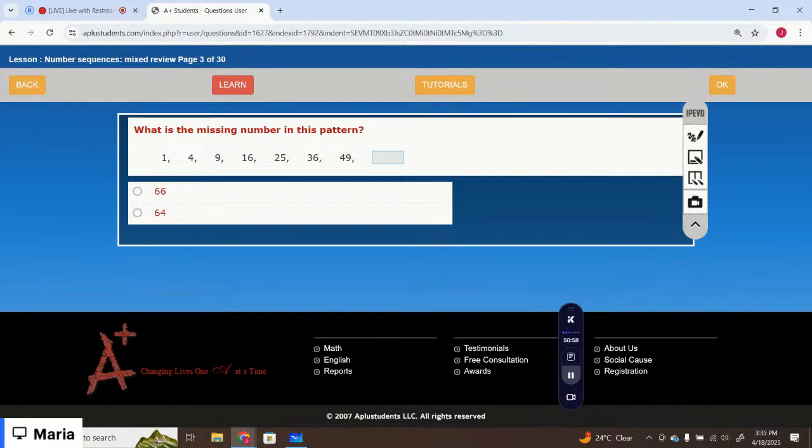So 49 plus 15 makes 64. Option number 2 is the correct option. That is 64.